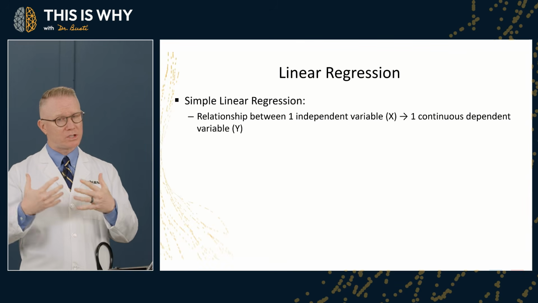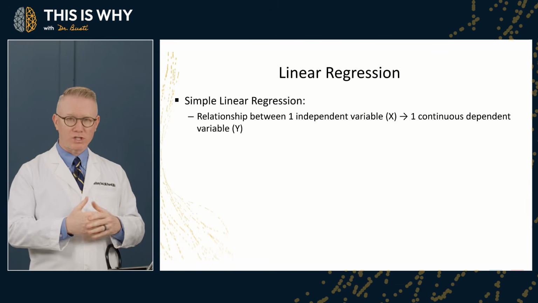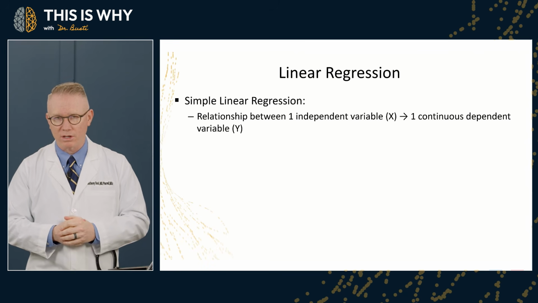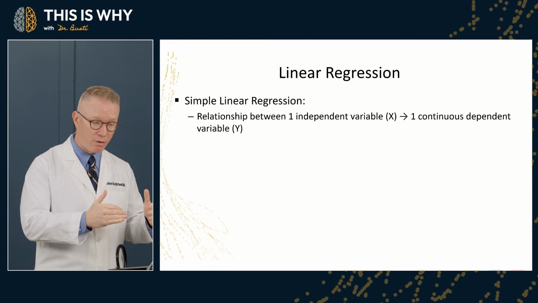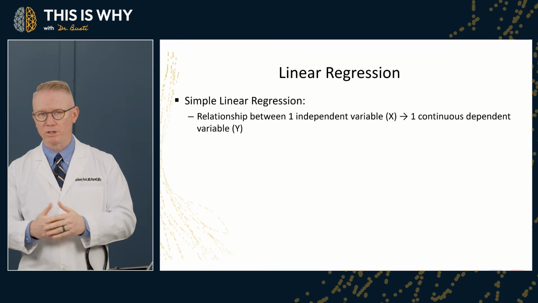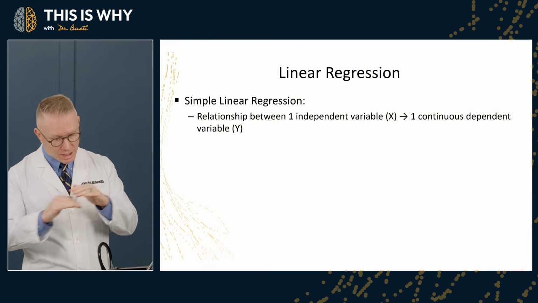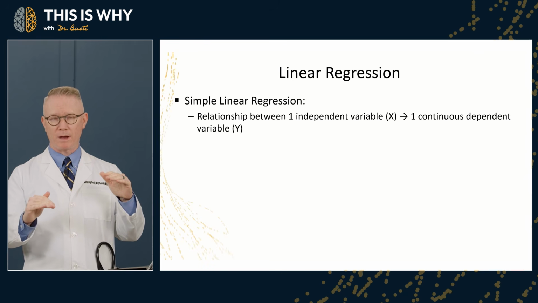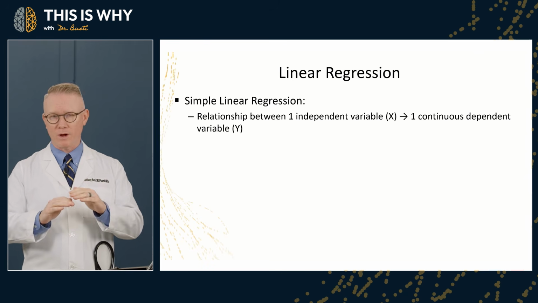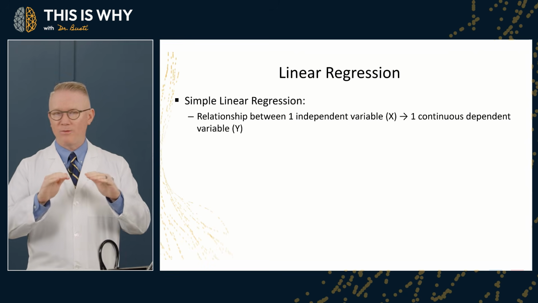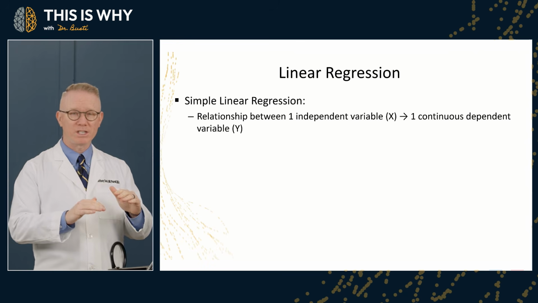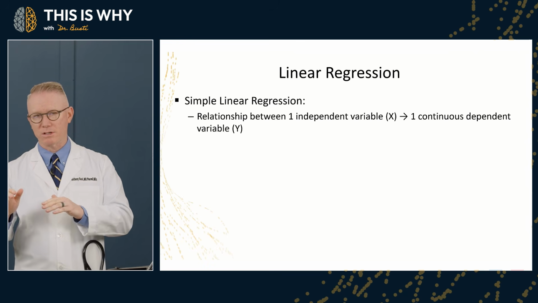So now this is where we start to dive in first to linear regression, okay? There's simple, and then there's multiple linear regression. Those are two separate things, and I'll cover multiple in a minute. But it's also different from multivariable logistic regression analysis.